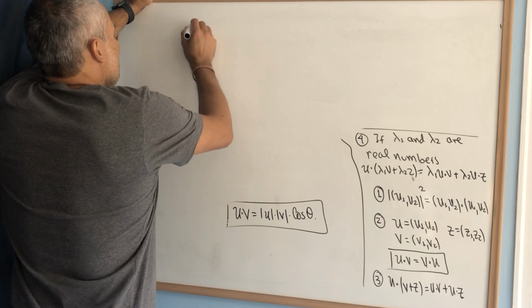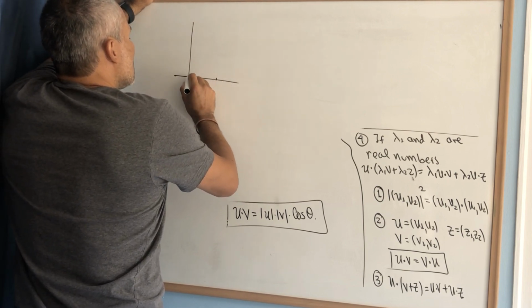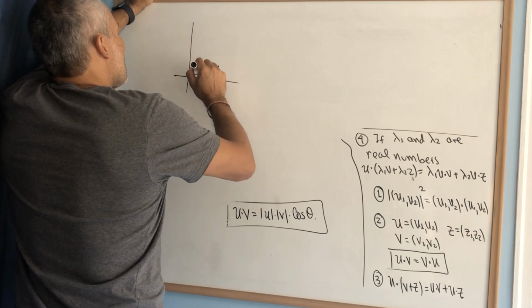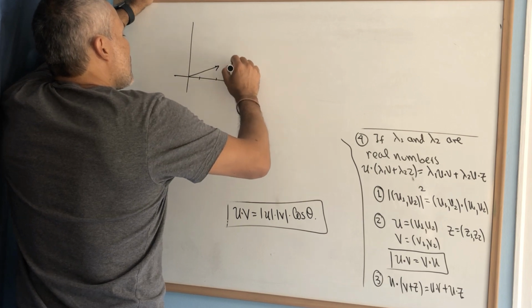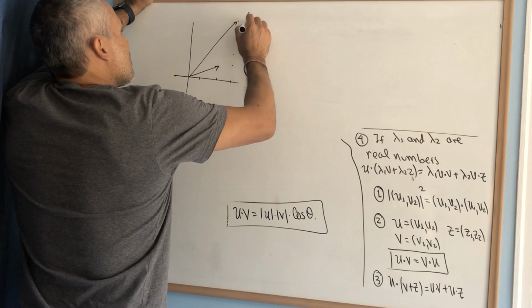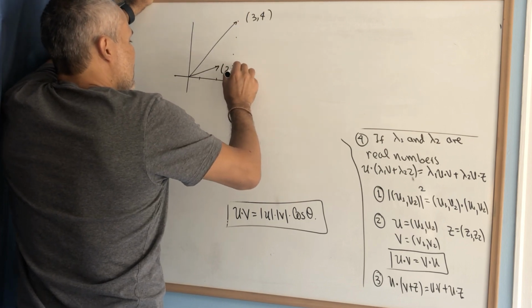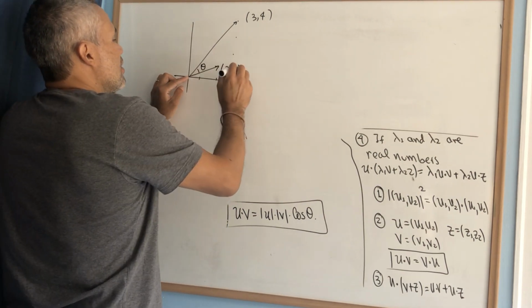If we have the vector 3, 4, and the vector 2, 1, and we want to compute this angle.